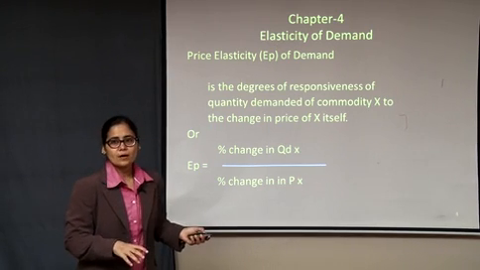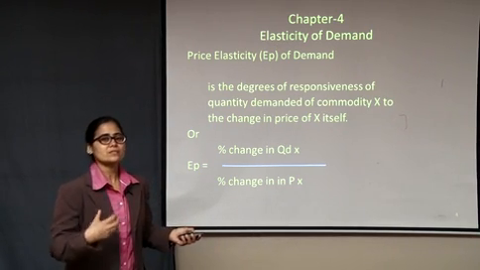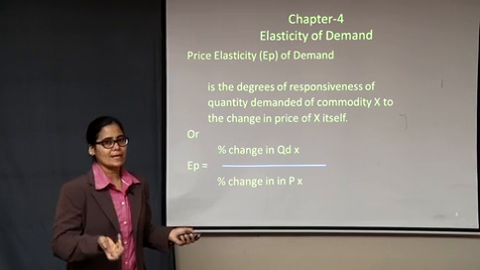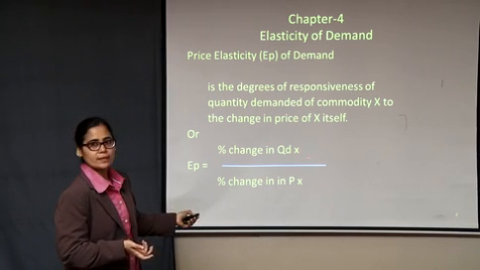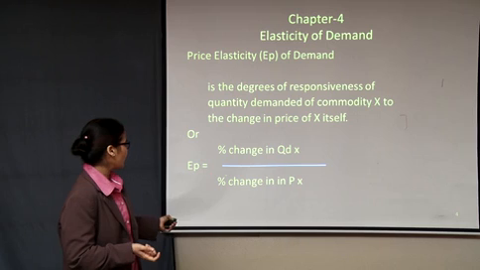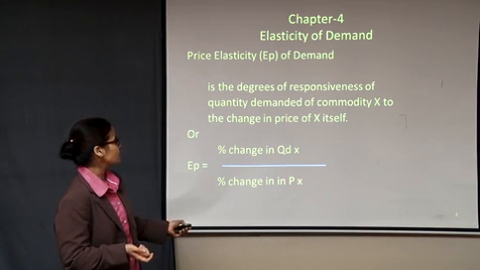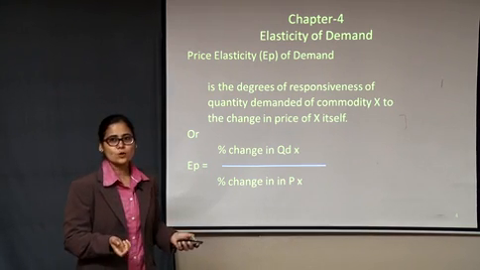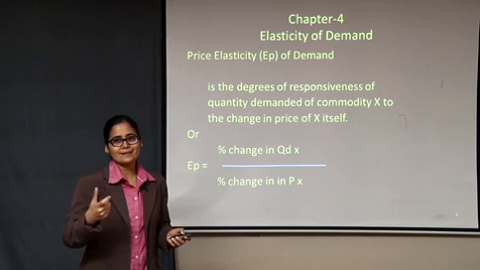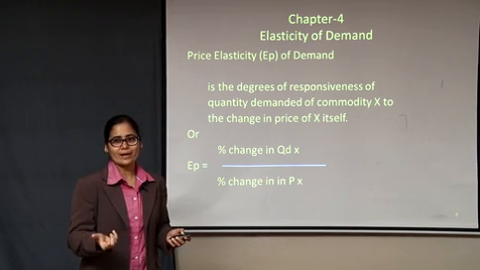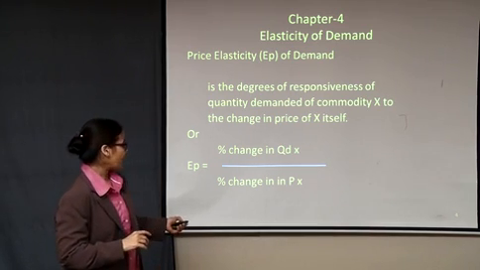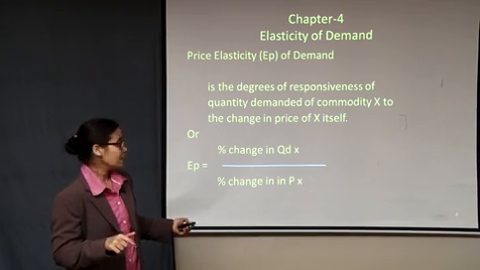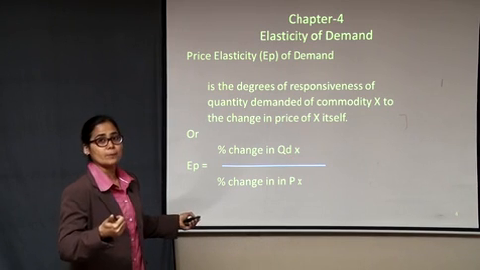This is the formula of how price elasticity, because it's a numerical concept, can be calculated. So the formula is given to you here. It is the percentage change in quantity demanded of X upon percentage change in price of X. Now, please remember, price will be in the denominator and quantity will be in the numerator.